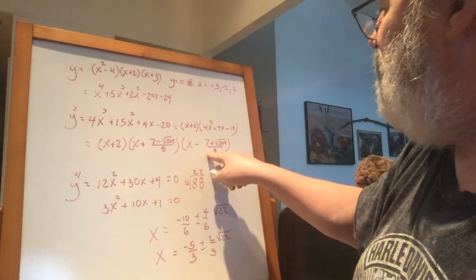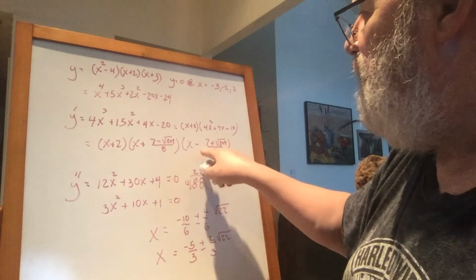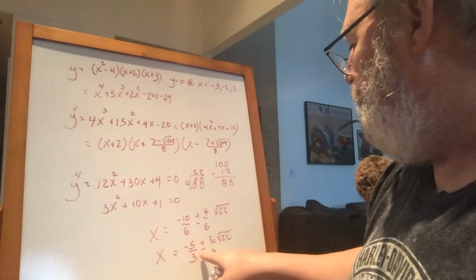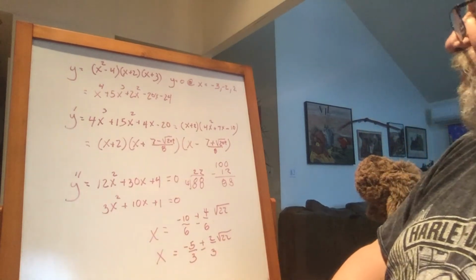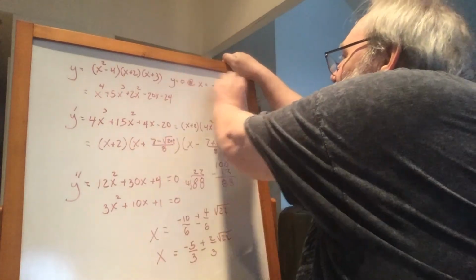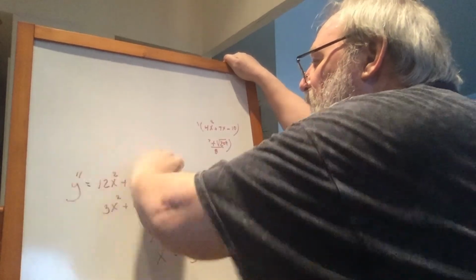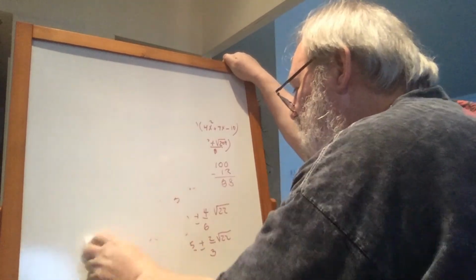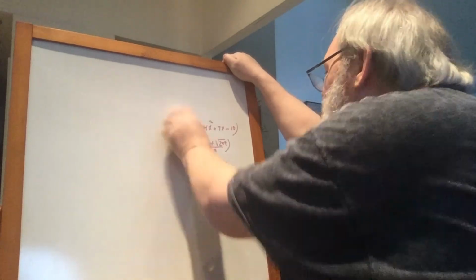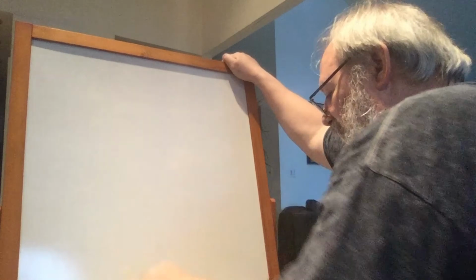There are going to be 3 of them. We're going to have 3 extrema, and here we've got 2 inflection points. So already we know stuff. Rather than try and draw this all on the board, I have it all prepared in a nice spreadsheet with the graphics already worked out. So let's take a look at that, and hopefully it will be much easier, at least from the eyes' perspective.